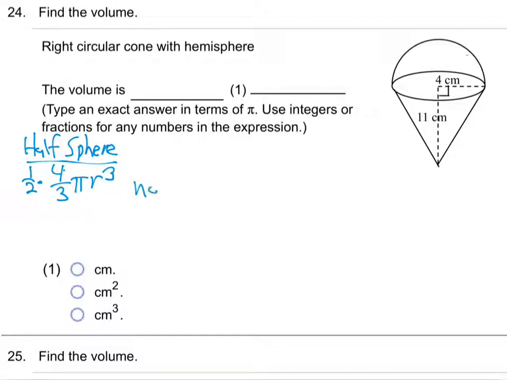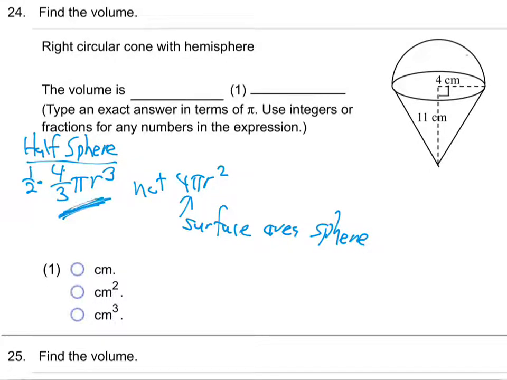So that's not 4 pi r squared. That's the formula for surface area of a sphere, right? 4 pi r squared. The volume of a sphere is 4/3 pi r cubed. Similar, a little different. Third power on r and divided by 3 in the front there, 4/3. Little bit different formula. So we're taking half of that.